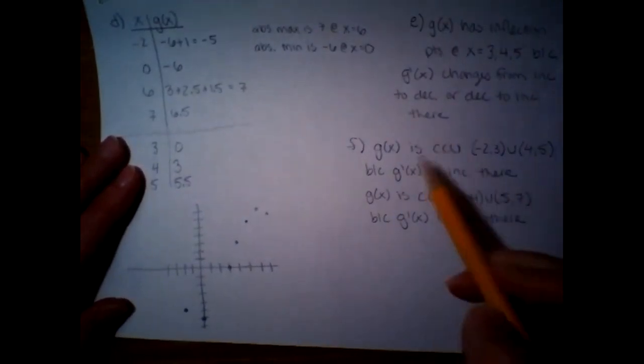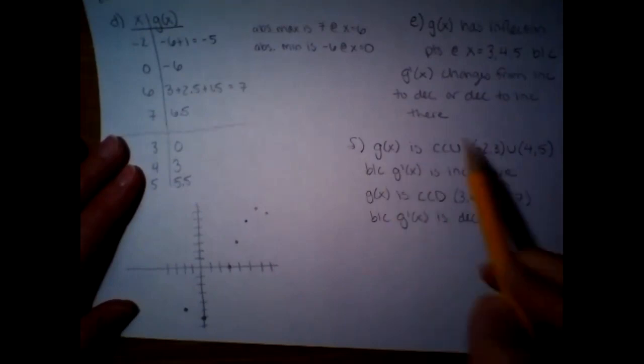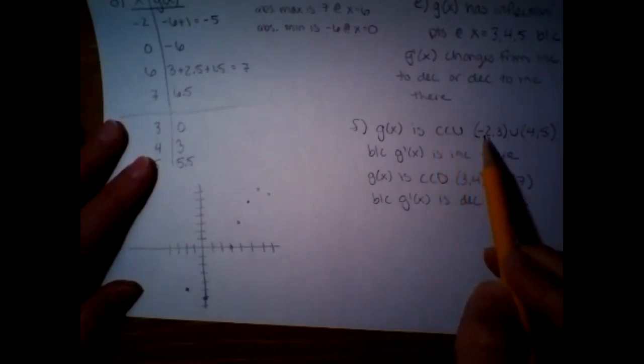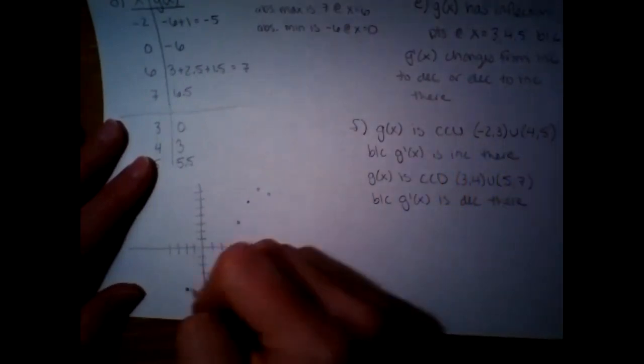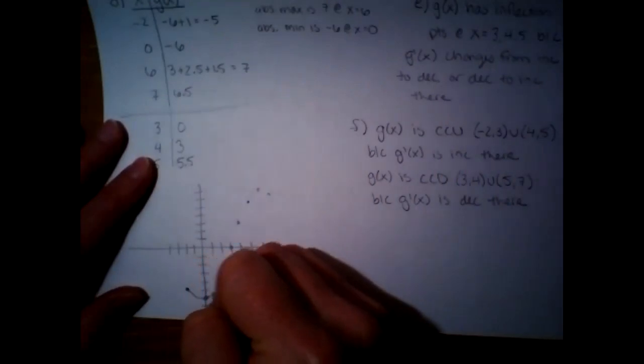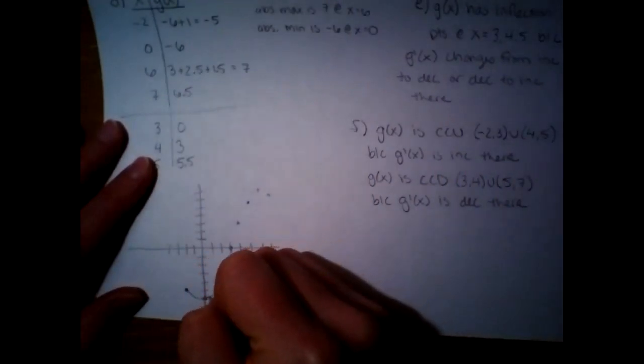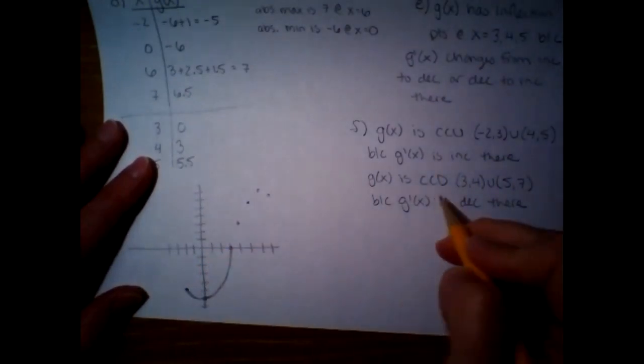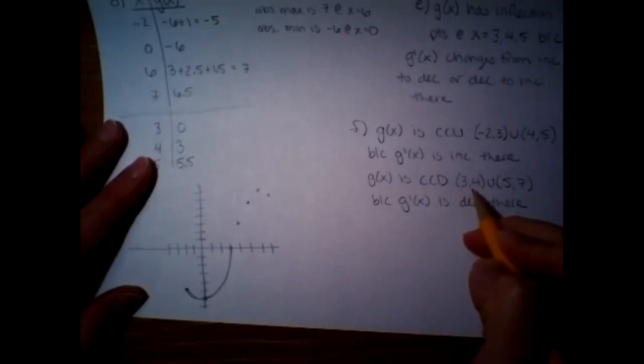All you need to do is connect them with the correct concavity, which I have right here. So you just need to connect the points with the correct concavity. So we want to be concave up from -2 to 3. So I want to be concave up for this section. So see how I'm making it like upwards, like a smiley face? So concave up for that section, and then concave down from 3 to 4.